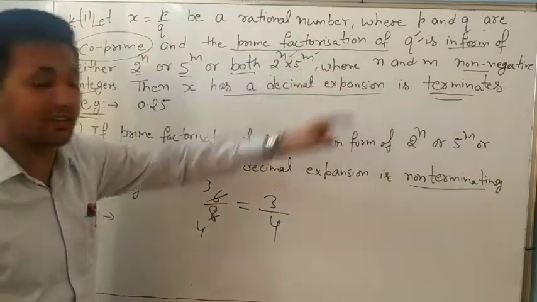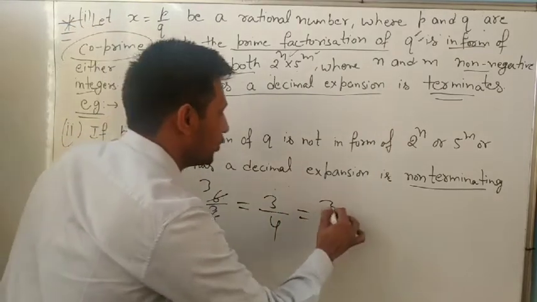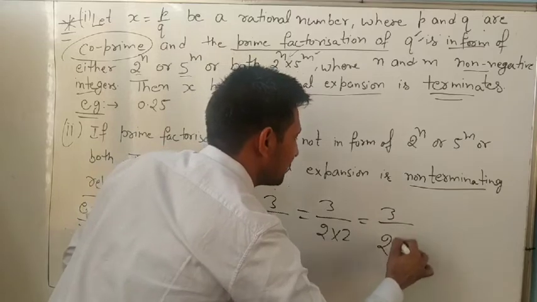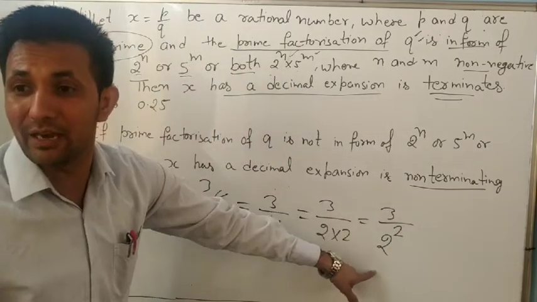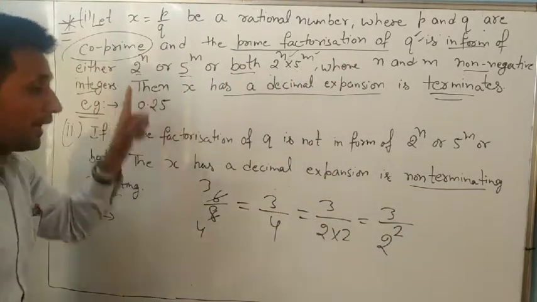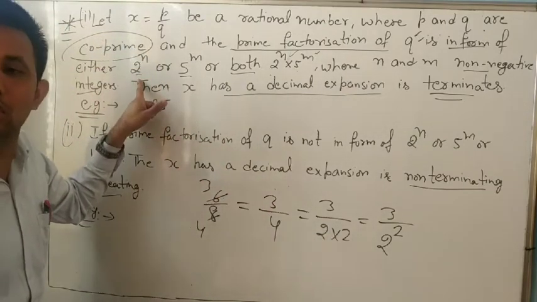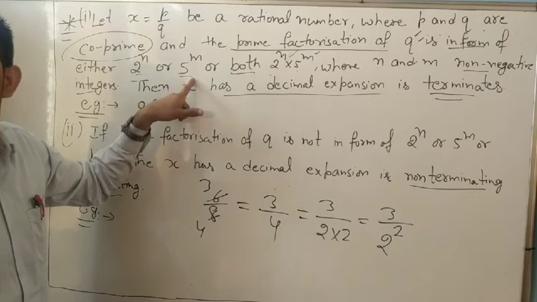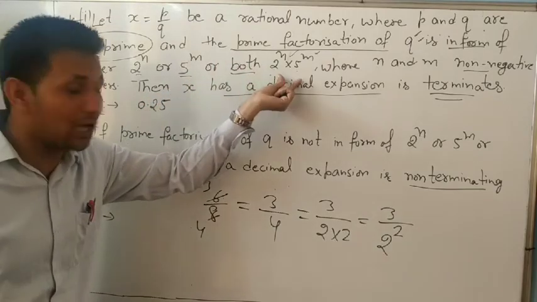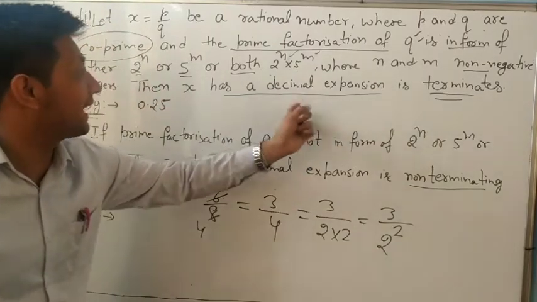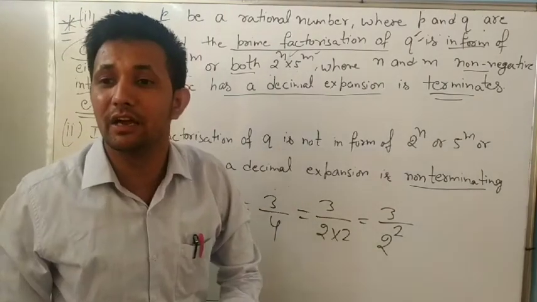Then the prime factorization of q: 4 is 2 into 2. If q is in the form of 2 to the power n, or 5 to the power m, or both are included, then the decimal expansion is always terminating.